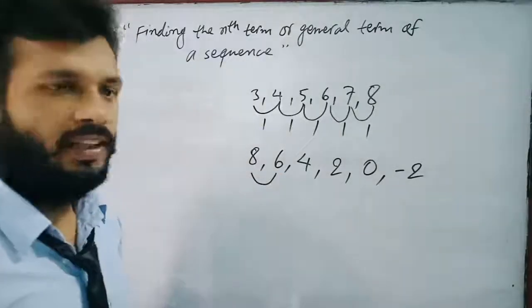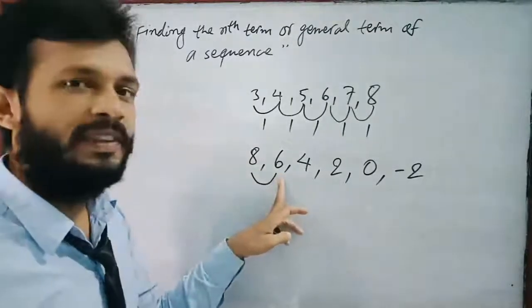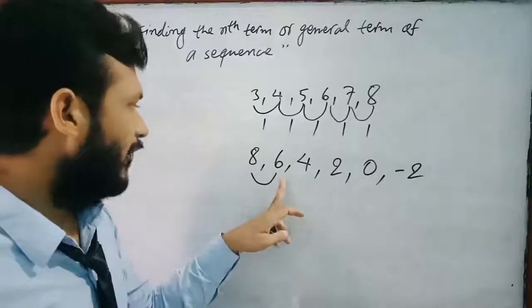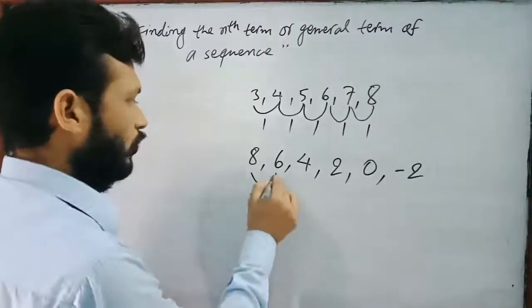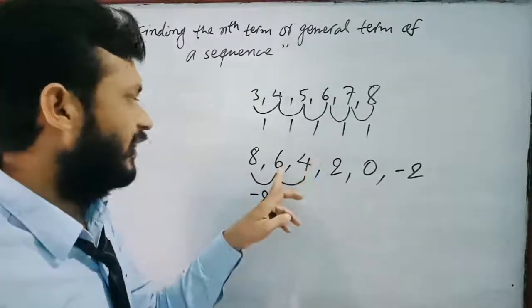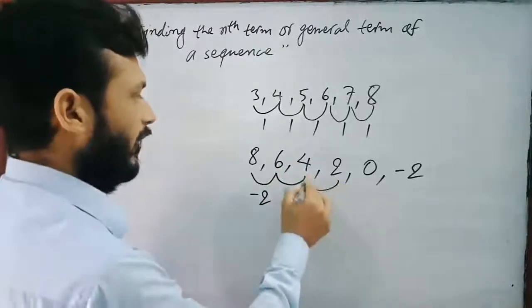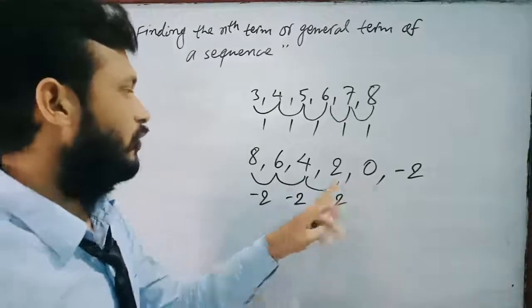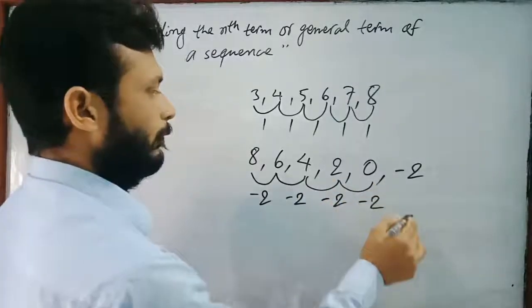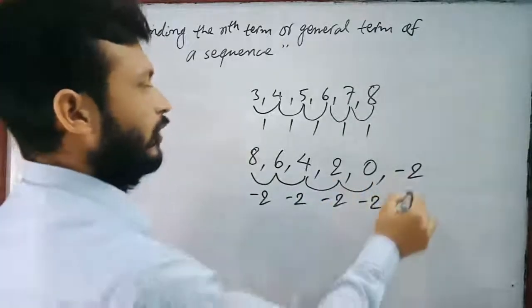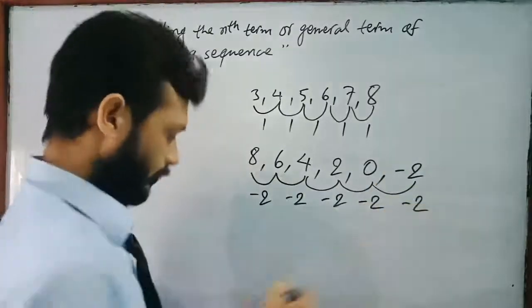Okay, here what is the difference of 6 and its preceding term? Then 6 minus 8, minus 2. Then 4 minus 6, minus 2. Then 2 minus 4, minus 2. Then 0 minus 2, minus 2. Then minus 2 minus 0, we get also minus 2.